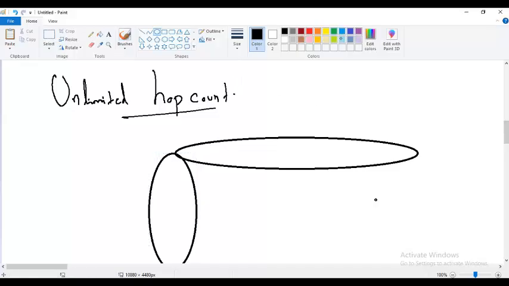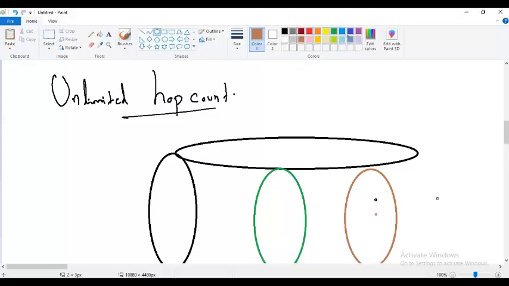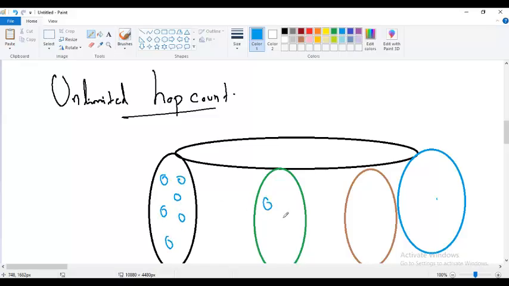So this design makes this OSPF highly scalable. So, you may have plenty of routers inside, like 200, 300 routers. Here also you have 200, 300 routers. Likewise, here, here. You got many of them. And to connect between these areas, you have a backbone area.